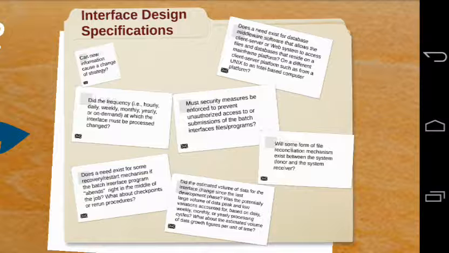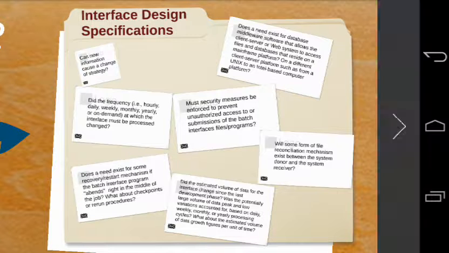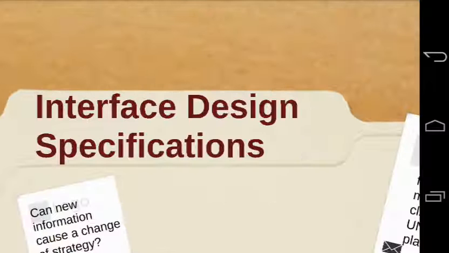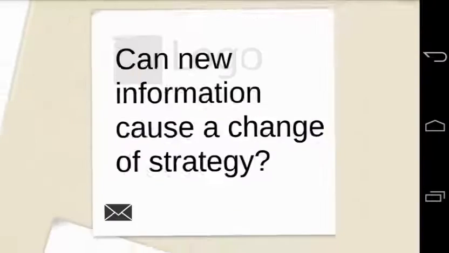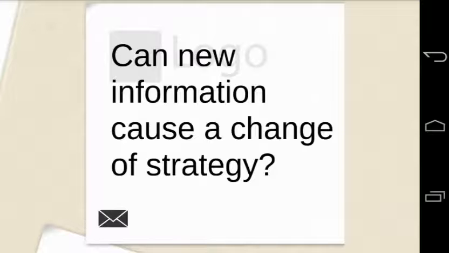For the interface design specifications, if interfaces must be constructed between the client server application software and the other systems, then be sure to review the initial interface strategy that was developed during the analysis phase, in which it should be able to answer the question, can new information cause a change of strategy?